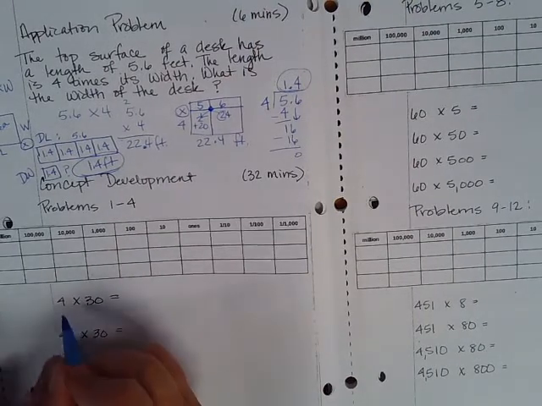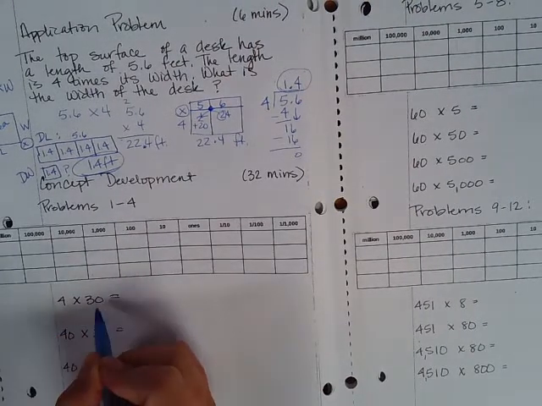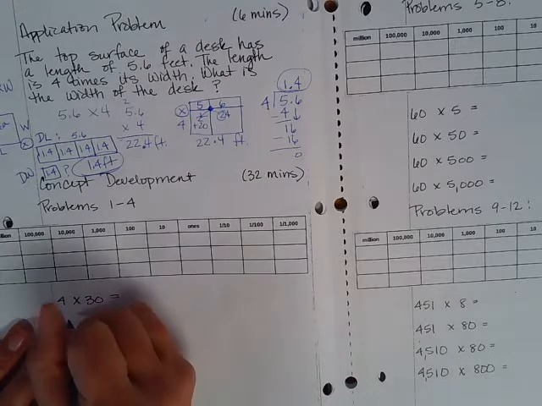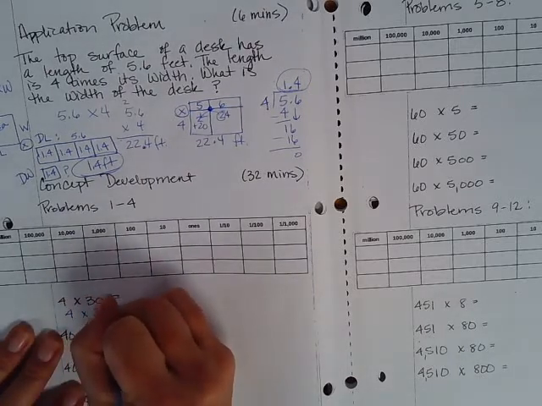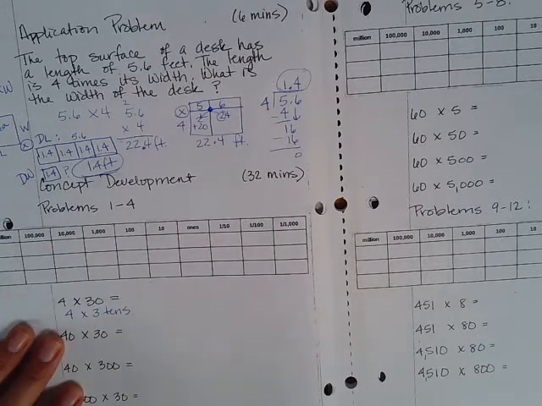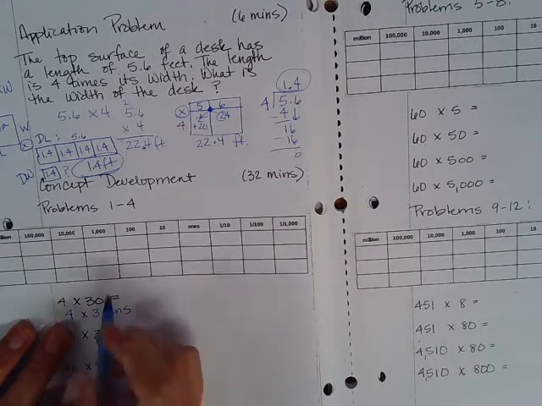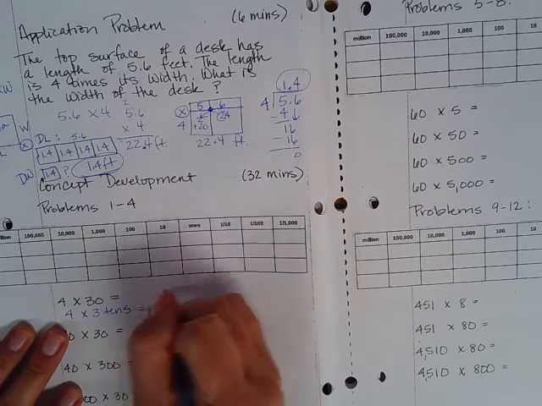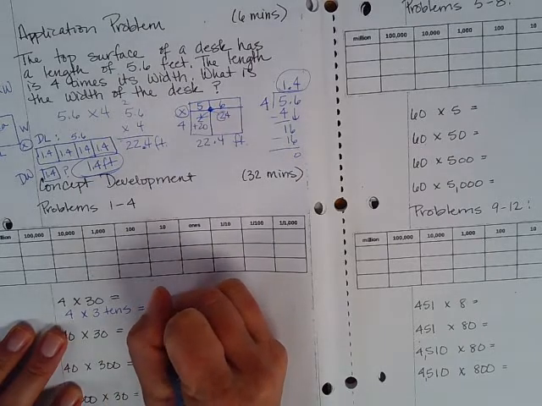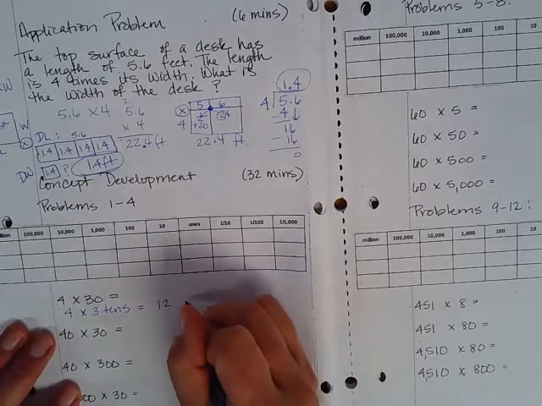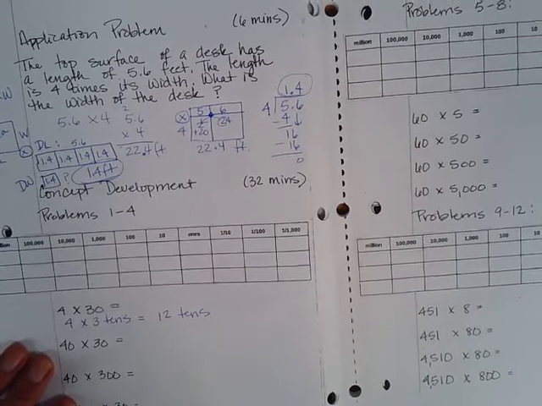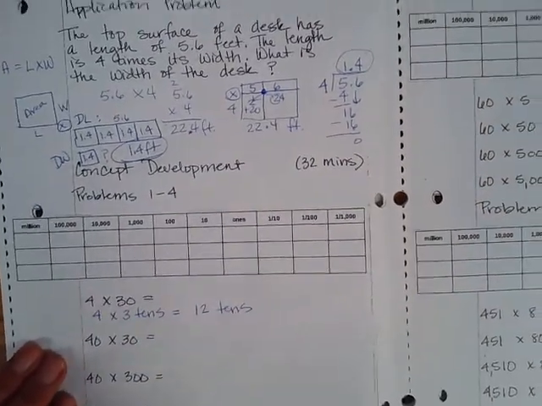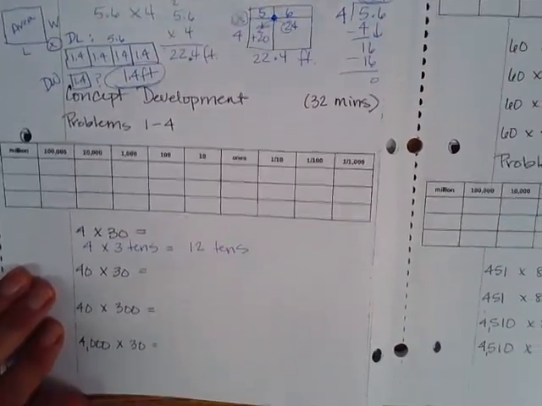Okay, so let's break this number up. Let's break up 4 times 30 into 4 times 3 tens. Well, 4 times 3 tens is equal to how many tens? 12 tens, right? So what is the standard form of 12 tens?